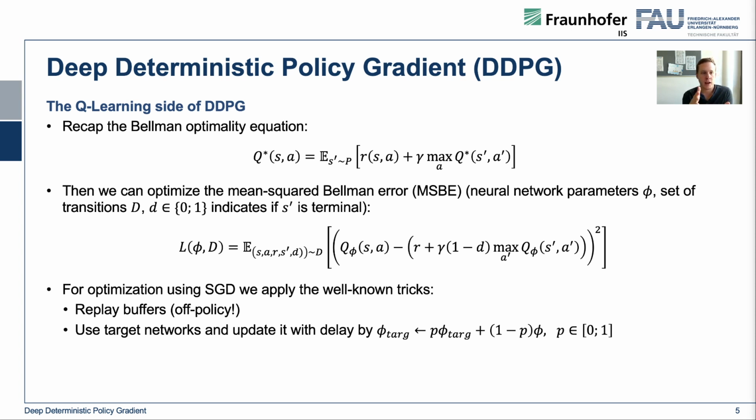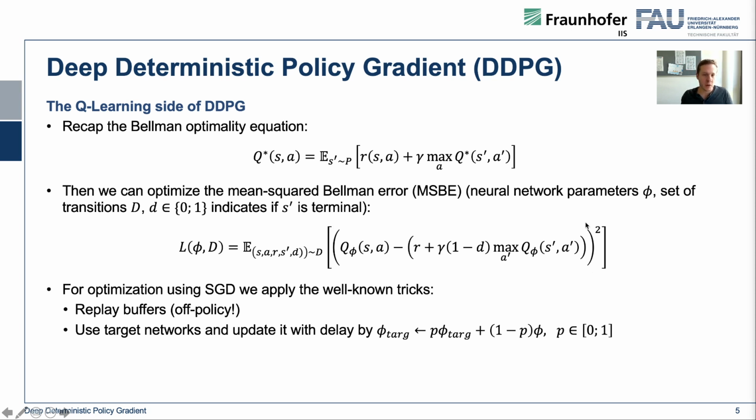And if we have this, we just optimize the mean squared Bellman error with neural network parameters phi and given a set of transitions D. We can formulate our Q-learning target like this, which is what we also did in DQNs.